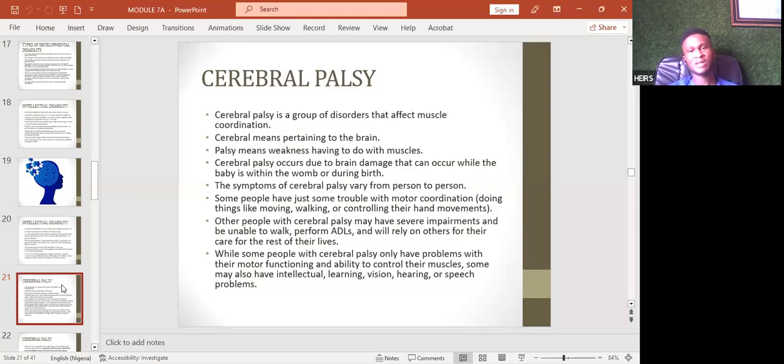The symptoms of cerebral palsy vary from one person to the other. Some people may just have some trouble with motor coordination, like moving, walking, or controlling their hands and movement, while some may have severe impairment and will not be able to walk or perform activities of daily living and rely on others for their care for the rest of their lives. Now, let me come again. Some people have just some trouble with coordination, like they will move, but they are not moving well.